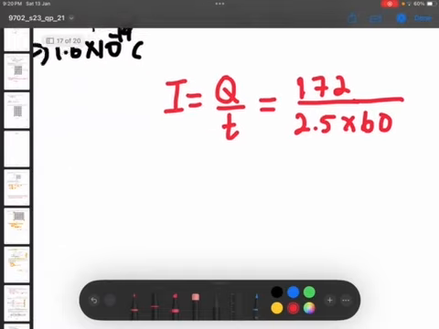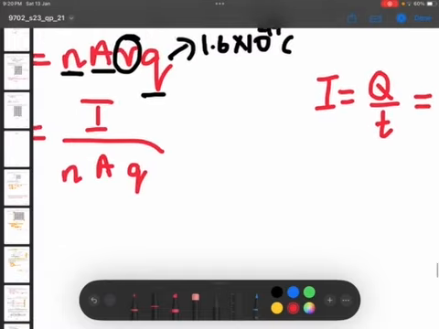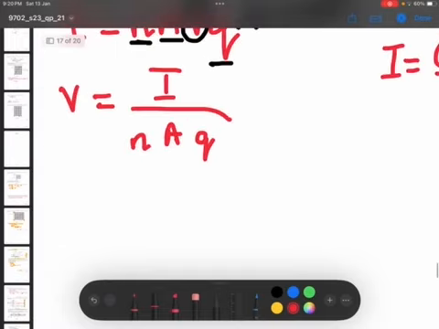Now we can substitute everything. We don't have to really work out the current; we can just substitute and work out everything all at once.